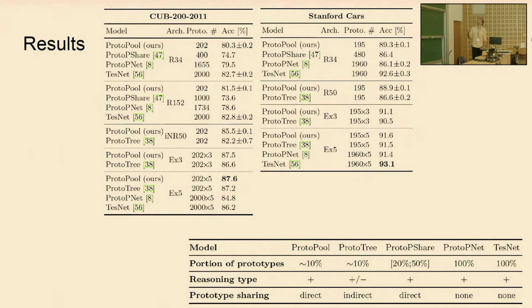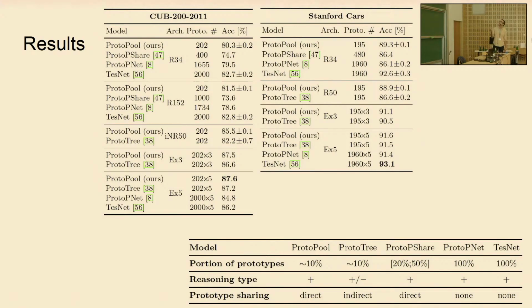When it comes to the results, since the last paper, a lot of other approaches have appeared, like ProtoTree, TesNet, and we had to compare to many more methods. That's why the table is larger.